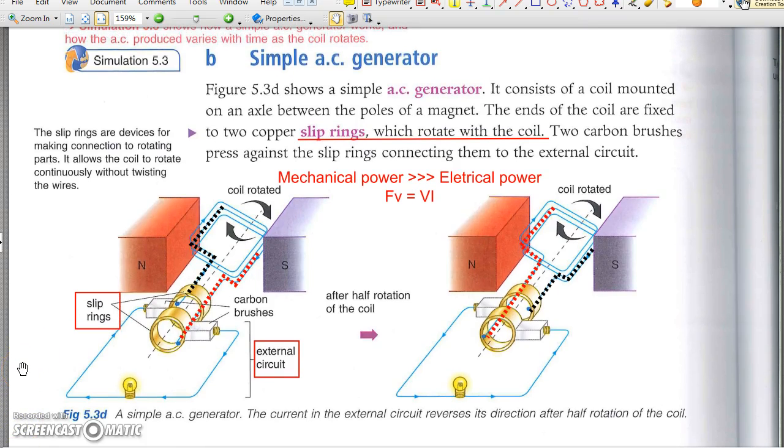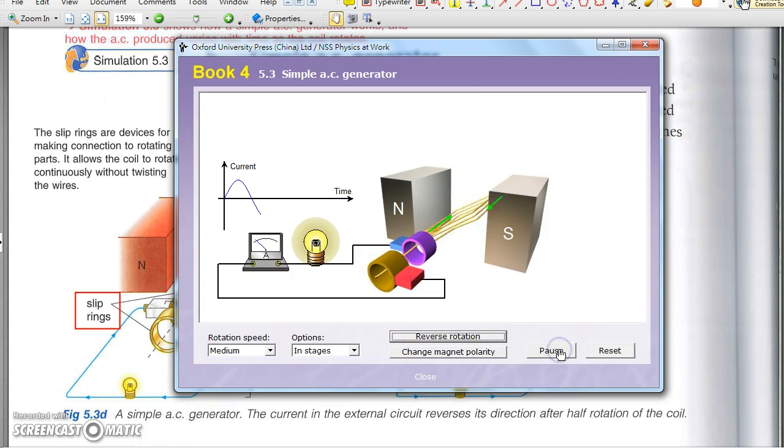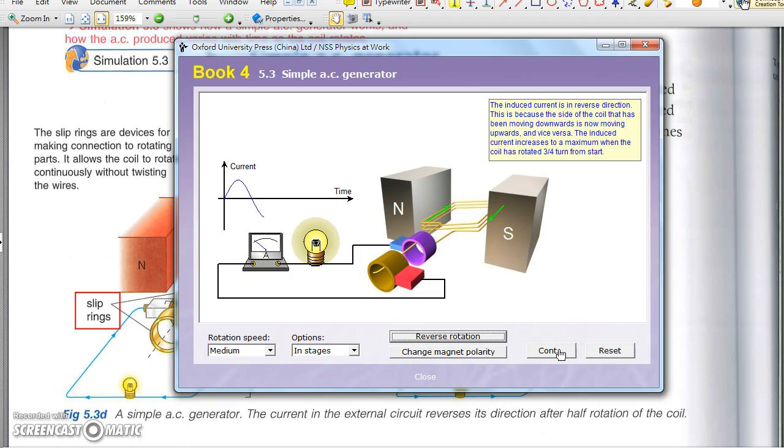B. Simple AC generator. In a simple AC generator, a pair of slip rings rotates with the coil and connects with the carbon brushes and external circuit. The induced EMF and current are maximum when the plane of the coil is parallel to the magnetic field.